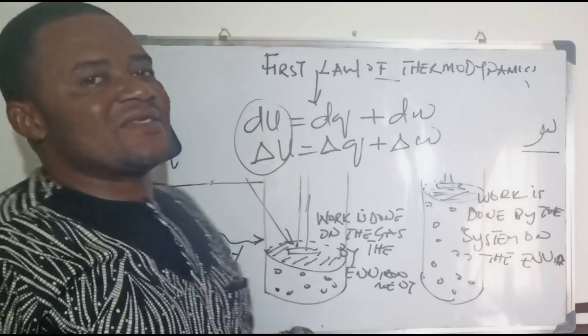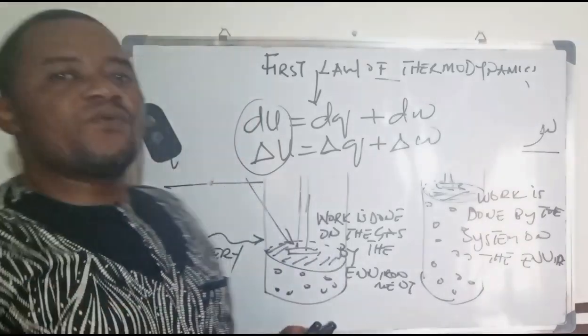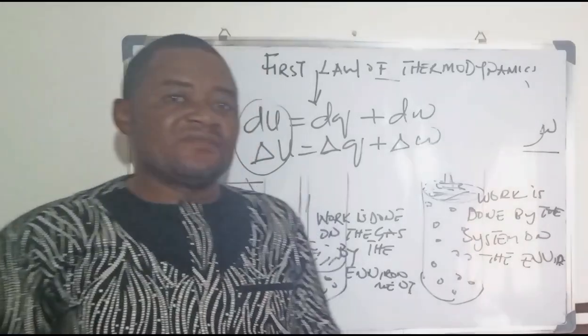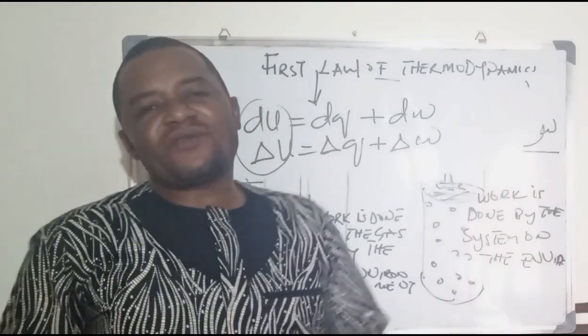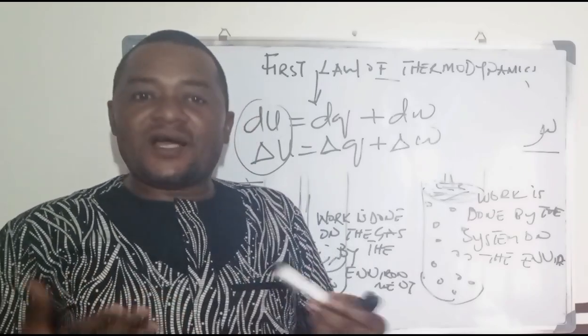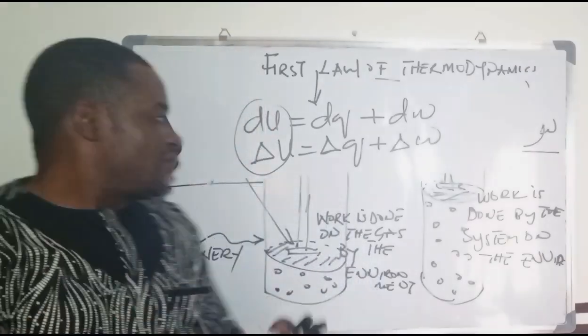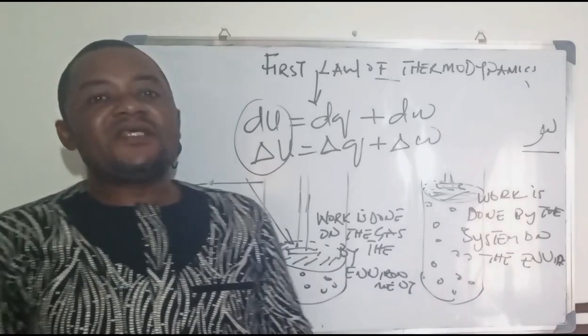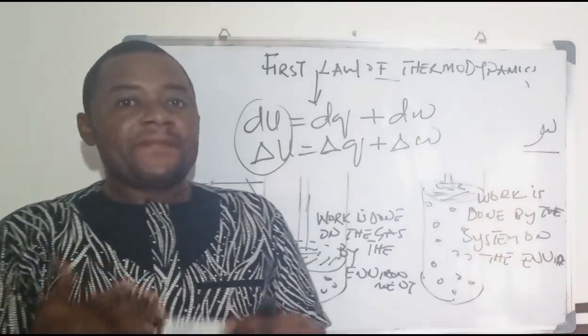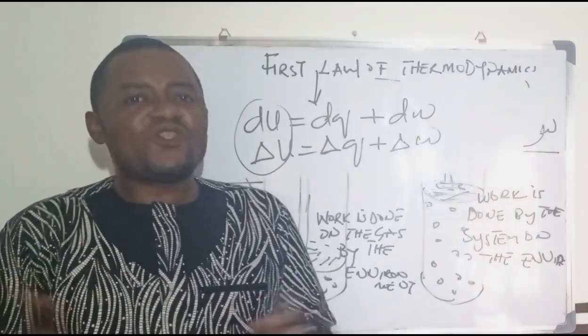Now there is something that is interesting. When we say work done, what do we actually mean by thermodynamic work? Because we're saying work done, work done, work done. What do we actually mean when we say thermodynamic work? It can also be called mechanical work. But what do we mean by that?